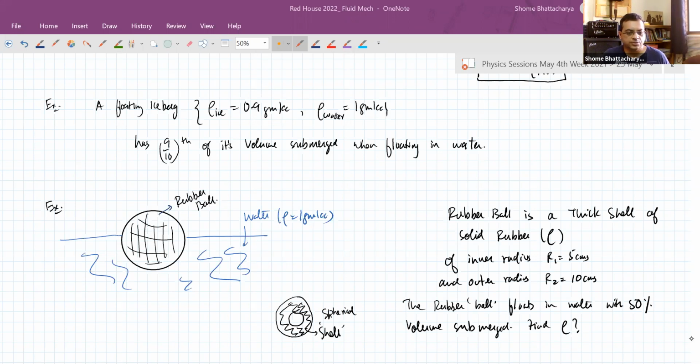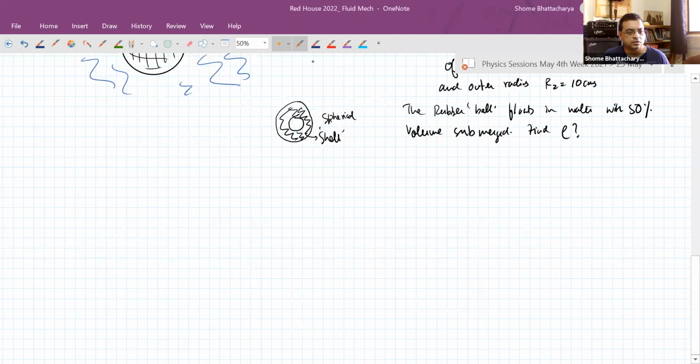Okay, so let's see the concept applied in this question quickly. The buoyant force should be equal to mg. So the buoyant force will be equal to density of water into the volume submerged. That will be 50%, 0.5, of the outer radius cubed, 4/3 pi r cubed.